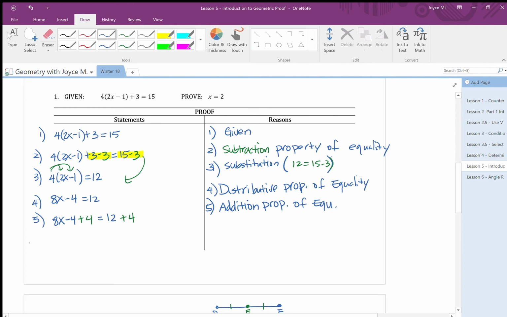Now number 6, the next thing I do is replace 12 plus 4 with 16, and replace minus 4 plus 4 with 0. Adding 0, I don't have to write it, so I just rewrite 8x is equal to 16. So number 6, I'm replacing an equivalent expression, 16 is equal to 12 plus 4, so this is called substitution.